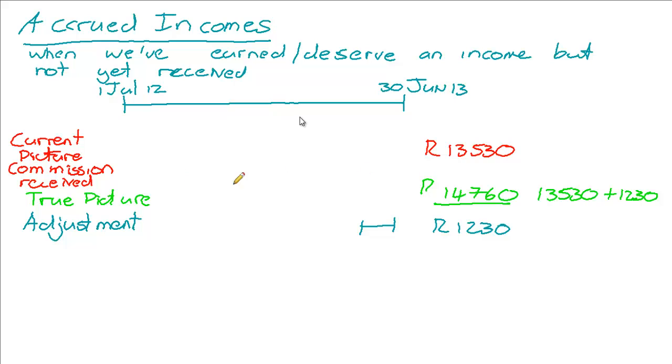We don't actually know how the timeline looks here because they haven't given us much in terms of dates. But we do know the current picture says we've earned commission income of 13,530. We know that the additional information tells us that 1,230 has been earned but not yet received. So we had to make that adjustment. The current picture plus the adjustment gave us a true picture of 14,760.